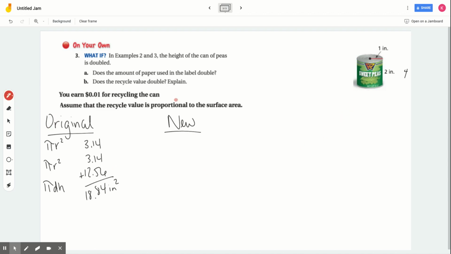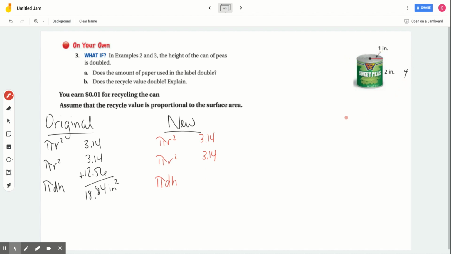Now, if I double my height on my new can, I am going to find the new dimensions. So pi r squared, the radius is not changing, so my top and my bottom are going to stay the same. My pi times diameter times the height, 3.14 times the diameter of 2 times 4.